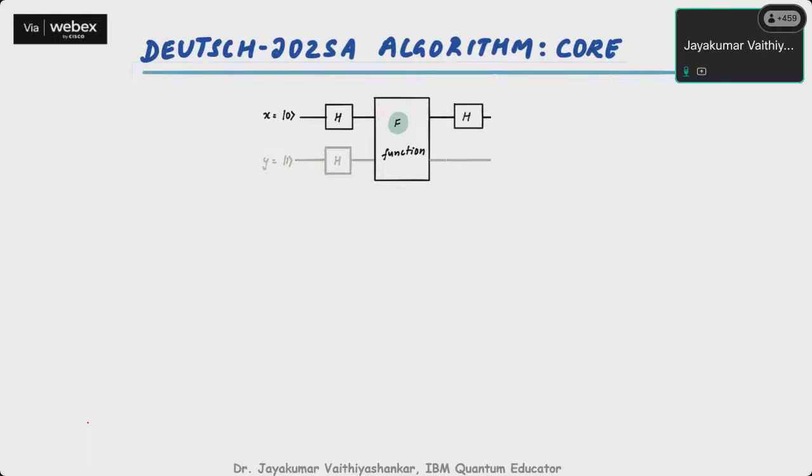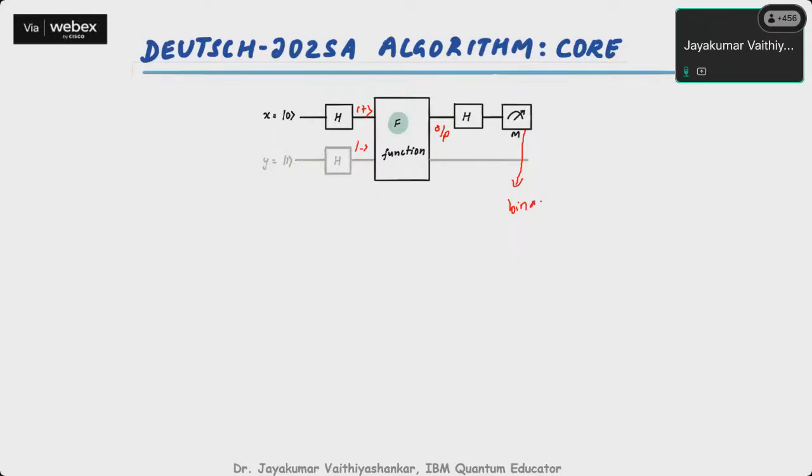Then your function reacts with your input. It will react with the positive state, and it will react with the negative state. According to your function type, you will get different output. Here you will have output, and you apply Hadamard gate, and after that you do measurement. So your measurement will give a binary value.